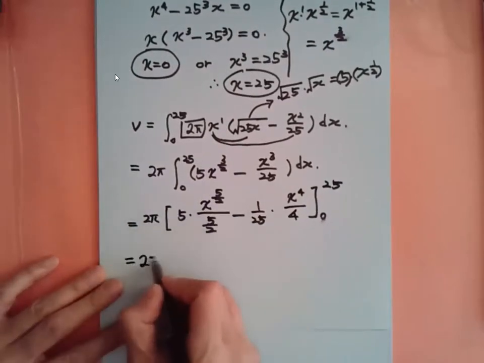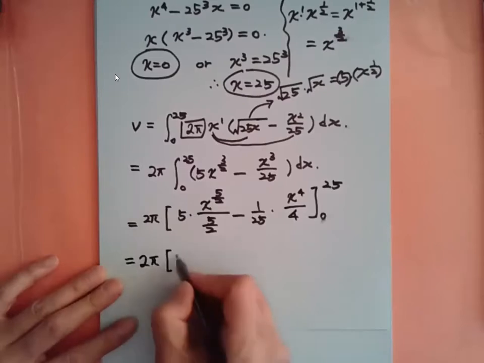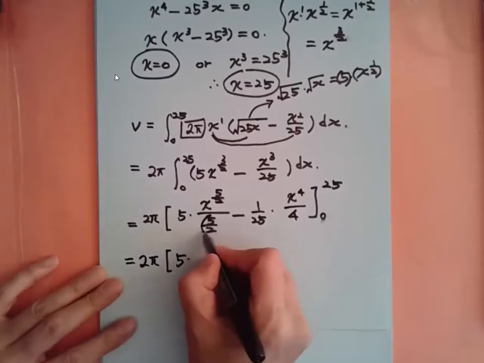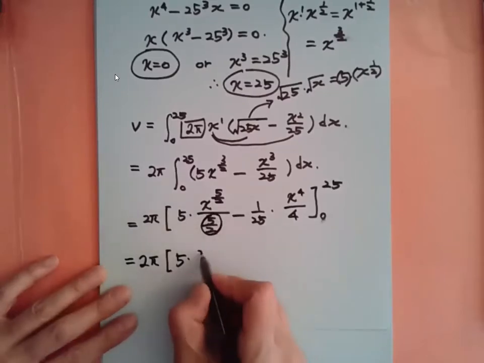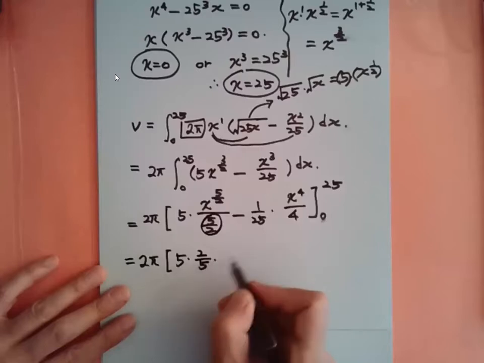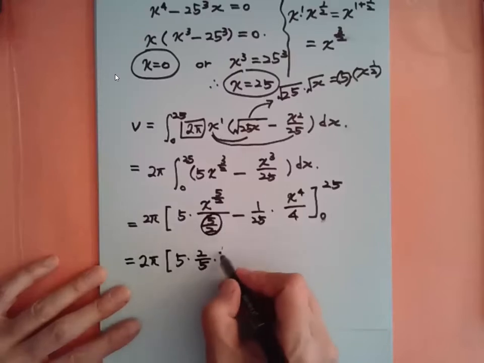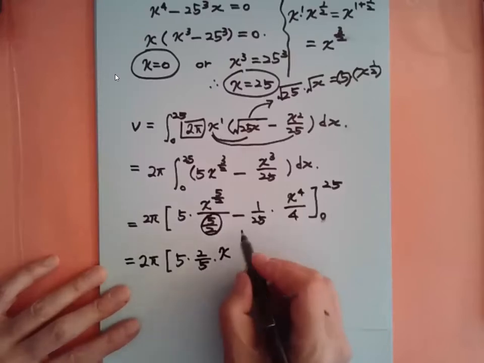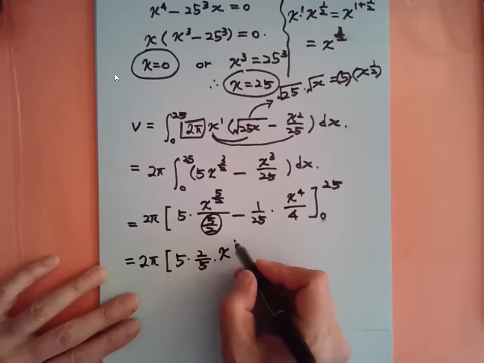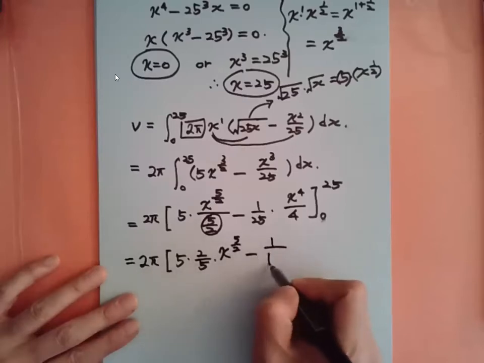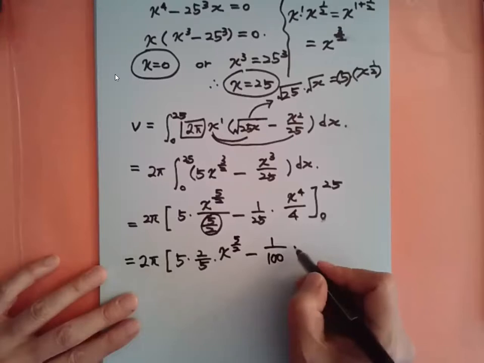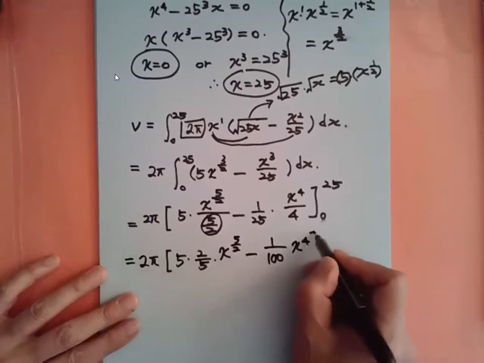So we get 2 pi times 5. The denominator can be flipped and multiplied in front of the fraction, so times 2 over 5 in front of the numerator: x to the 5 over 2 minus 1 over 100 x to the 4th power, from 0 to 25.